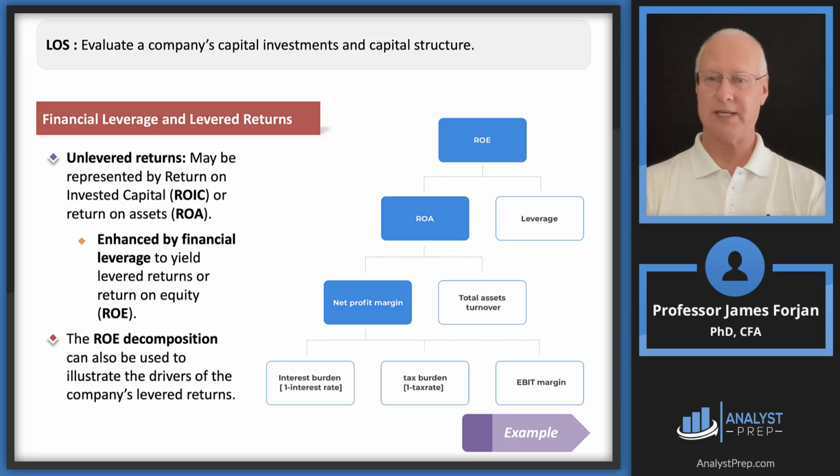What you can do is decompose return on assets into net profit margin, which shows up on the income statement, and the total asset turnover, which is a ratio of what's going on in the income statement versus what's going on in the balance sheet. You can further decompose that net profit margin into the interest burden, the tax burden, and the margin. And so, this is a pretty standard accounting framework.